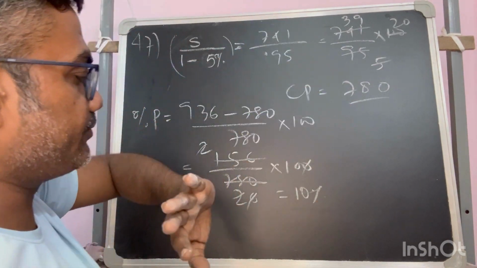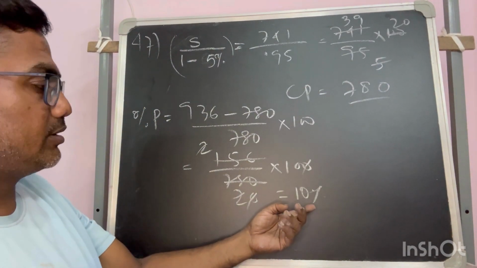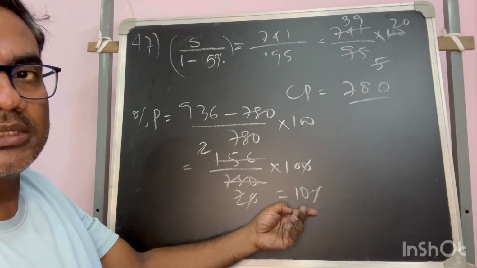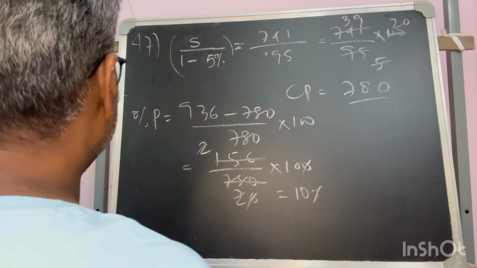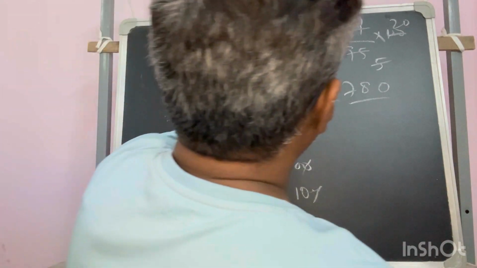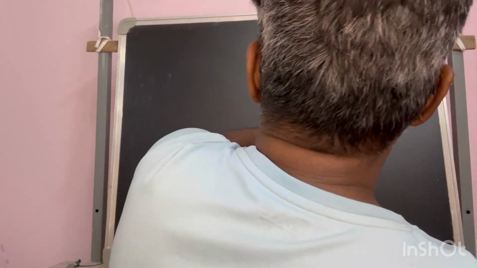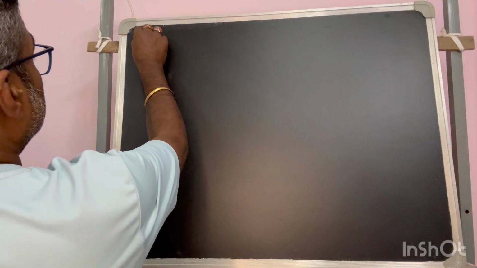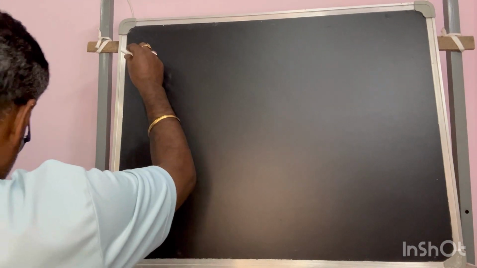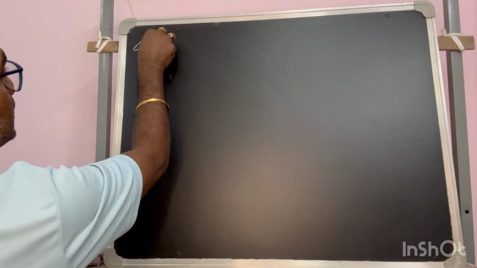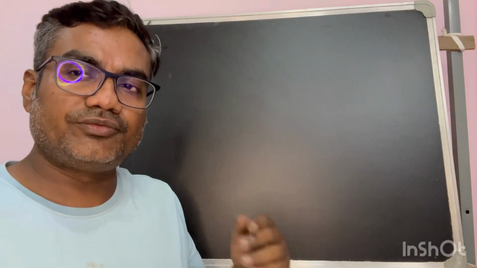Once you've taken that approximation, you can get a figure that is very much correct. Now I move to problem number 48. Sorry that the last time I didn't show you that, but it came to my mind later on, so that can be done. Sometimes this type of thinking may come if you practice more.